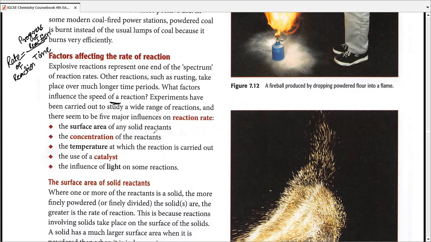Considering those factors, in this book, we are going to go with many. We'll be considering surface area of solid reactant. Remember, surface area is a factor which will only be effective in case of solid reactant.